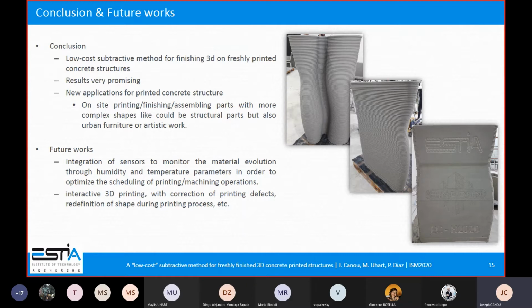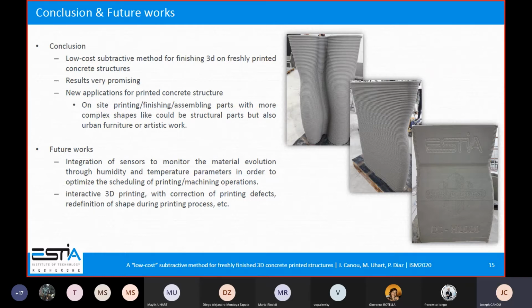And concerning the future works, well, we made some experiment plan to get the perfect drying time, but we think that we could also sensorize the material, to include sensors inside or from the external, we could try to monitor the situation of drying to optimize the application of machining.